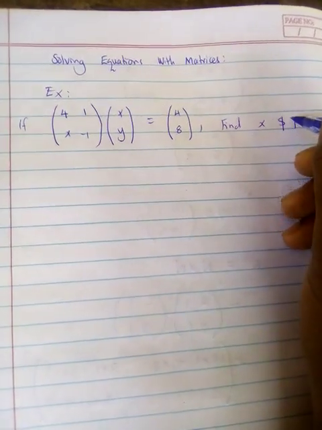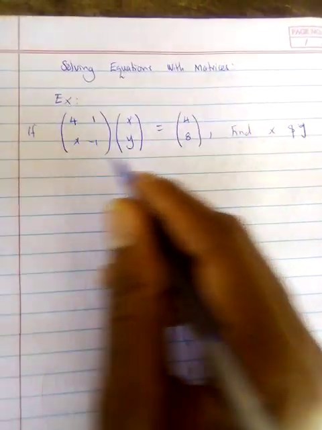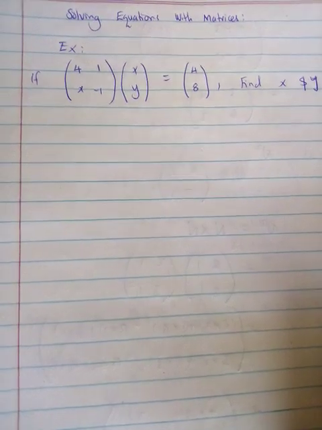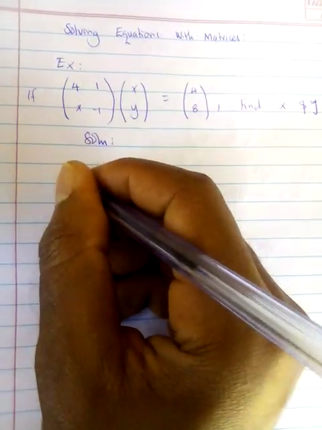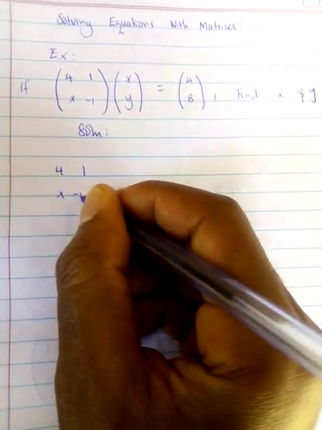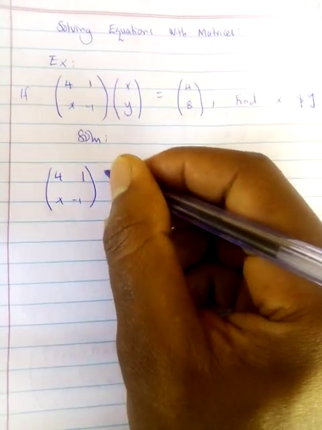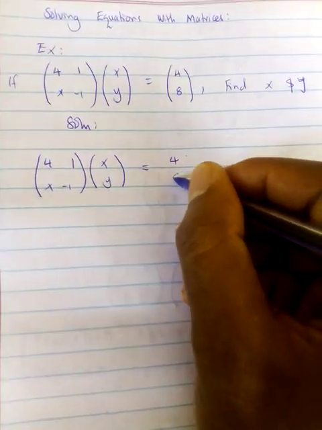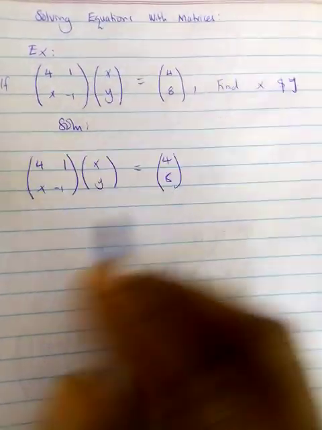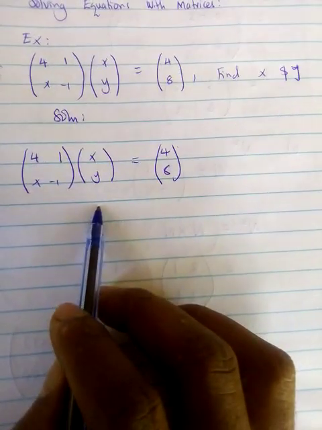So how do we find x and y using such a setting? As part of our solution, we have (4 1) times (x, negative 1), and we do the usual matrix multiplication, row by column.